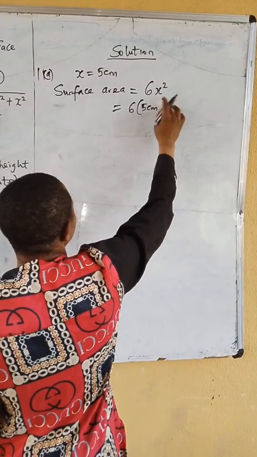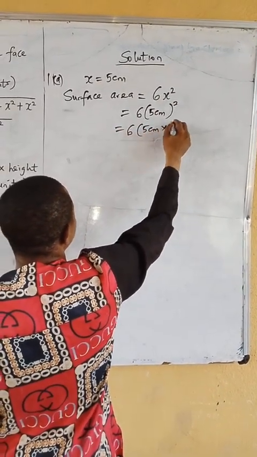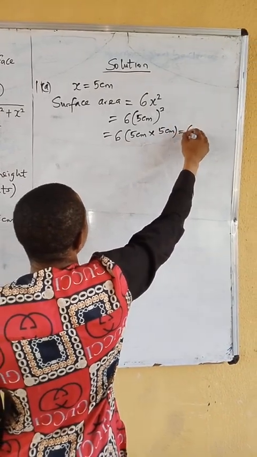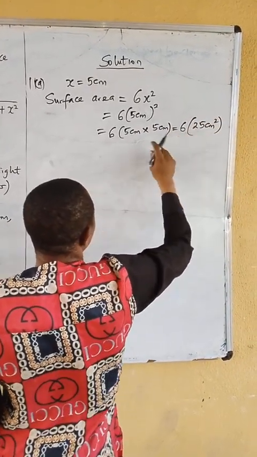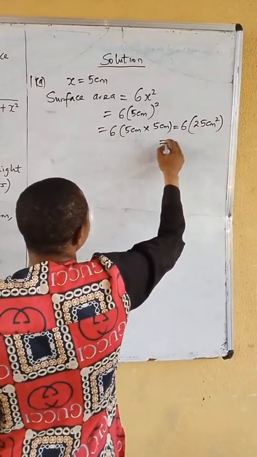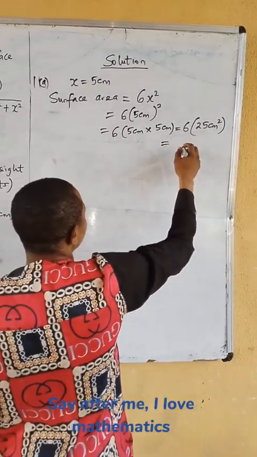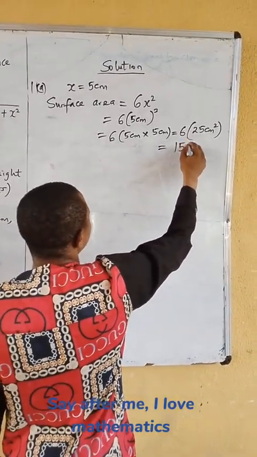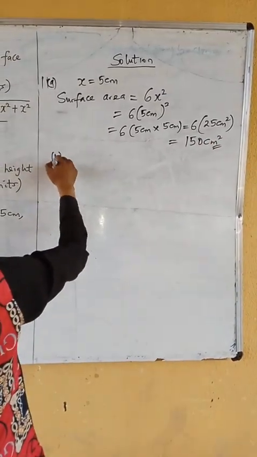Then this will be 6 in bracket of 5 cm times 5 cm. This will give us 6 in bracket of 25 cm squared. Don't forget that centimeter times centimeter is centimeter squared, and 5 times 5 will give us 25. And this is the product of 6 and 25. So by the time we multiply, we are going to have 150 centimeter squared. Take note of that.